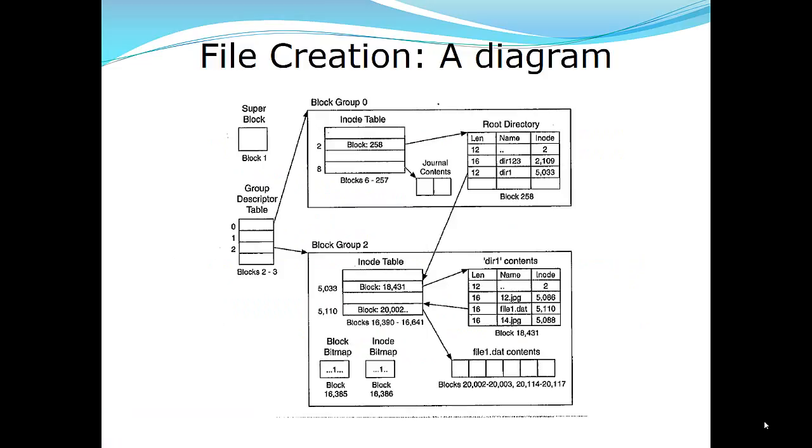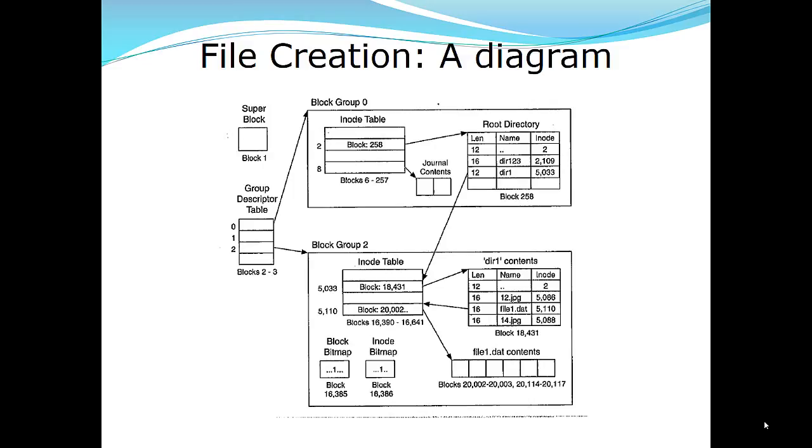Okay, so here's a diagrammatic representation of file creation and where all this information is coming from. So we have the superblock, and remember there are copies of that throughout the file system. And we have the group descriptor table. Finally, we have the groups of blocks, the block groups themselves, 0 through whatever it turns out to be.